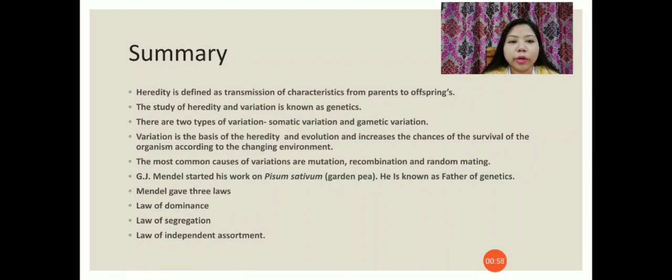The most common causes of variation are mutation, recombination and random mating. Gregor Johann Mendel started his work on Pisum sativum, the garden pea. He is known as the father of genetics. Mendel gave 3 laws: law of dominance, law of segregation and law of independent assortment.